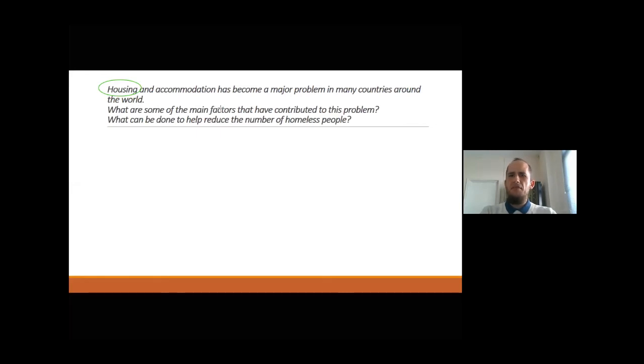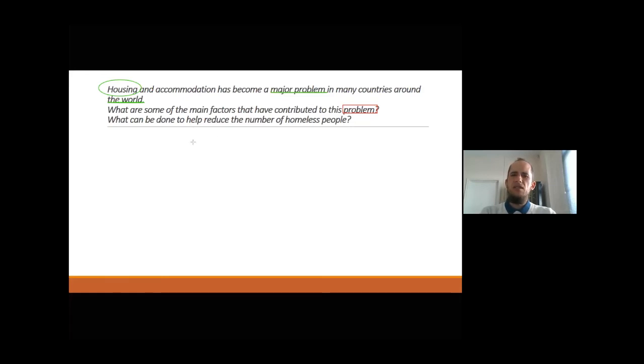So it's become a major problem, and we're going to be talking about around the world. That's our theme, the overarching theme. Now what we want to have a look at is what's contributed to the problem. So we're going to have a look at what the problem is, and we're going to be looking at the solution.